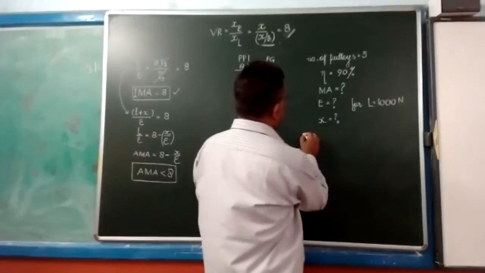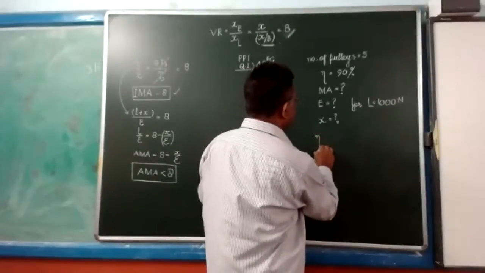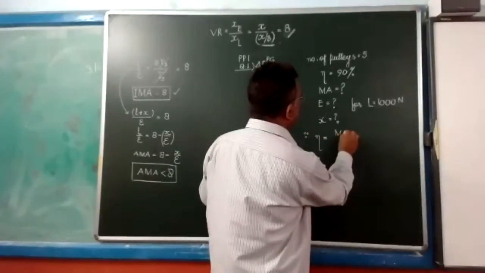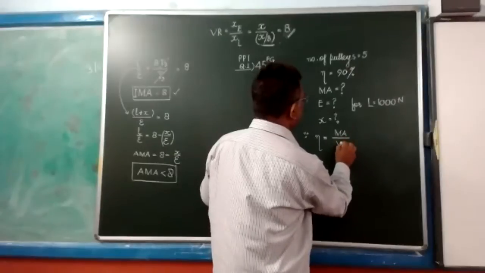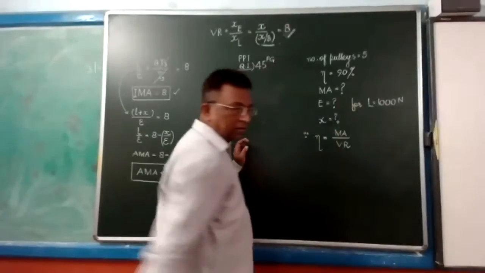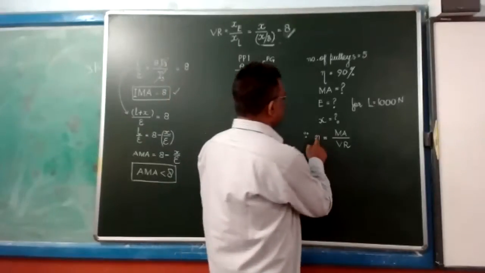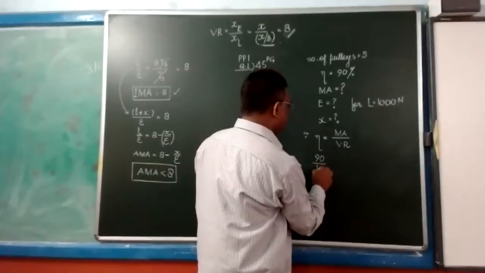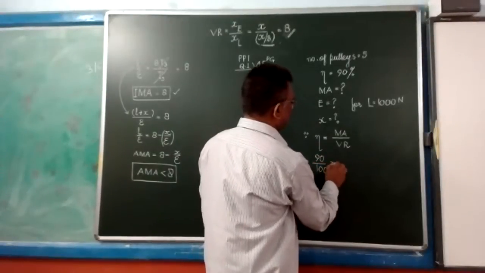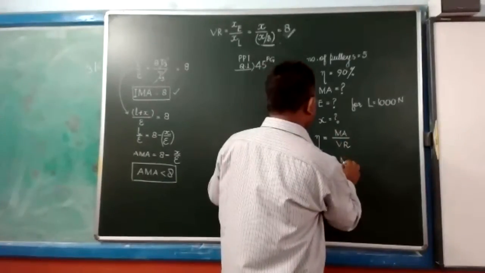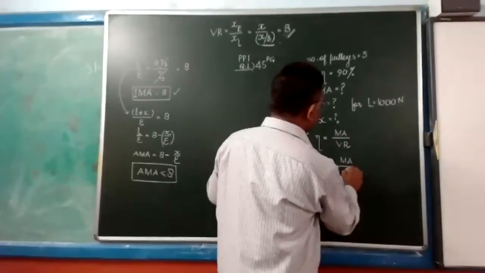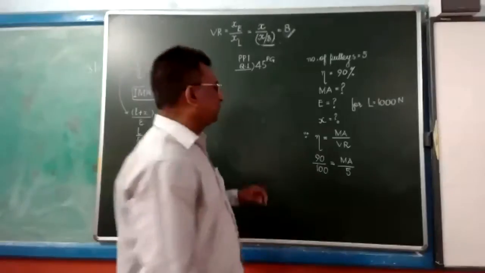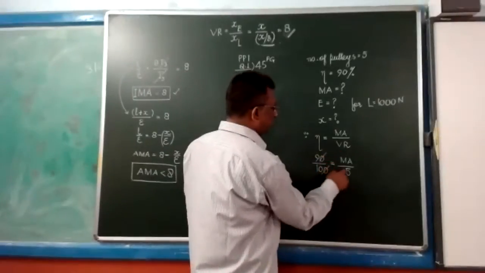So what is given? First part, efficiency equal to mechanical advantage divided by velocity ratio. Efficiency is 90%, so we can write 90 upon 100. MA is not given. The total number of pulleys is the velocity ratio. Clear? 0, 0 cancel.